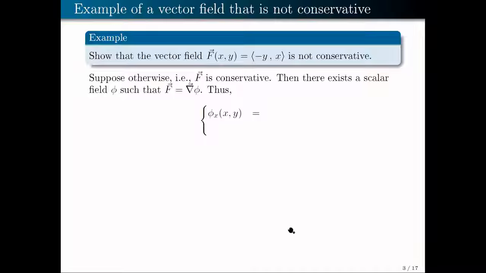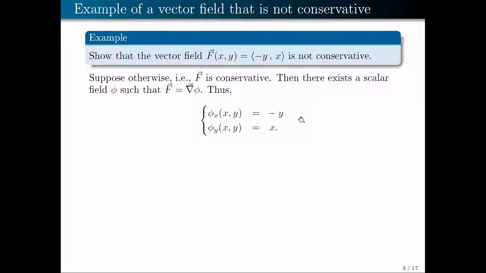If the gradient of phi equals F, then phi sub x, or the partial derivative of phi with respect to x, must be equal to the first component of the given vector field, which is negative y. Similarly, phi sub y, the partial derivative of phi with respect to y, must be equal to the second component of F, which in our example is x.